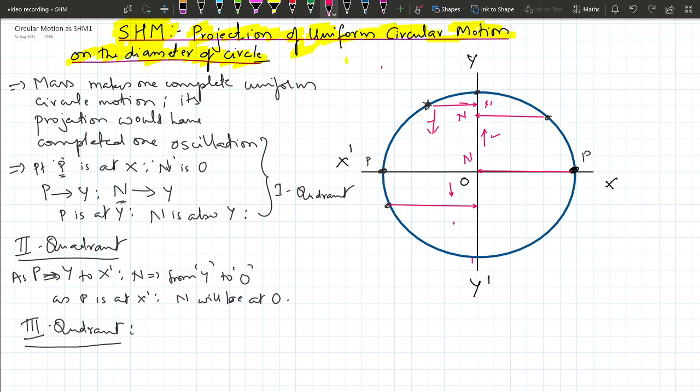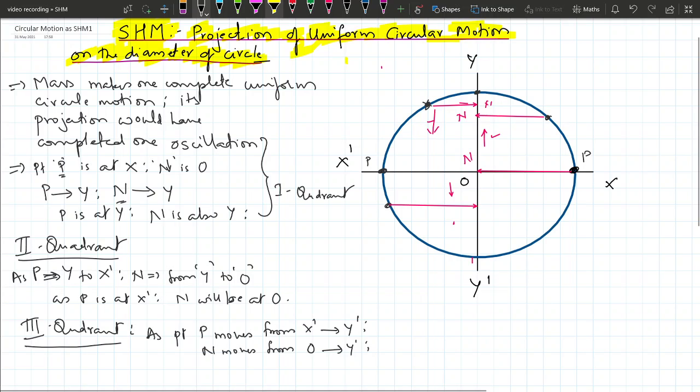Got it? So as the point P moves from X dash towards Y dash, the projection N moves from origin towards Y dash.